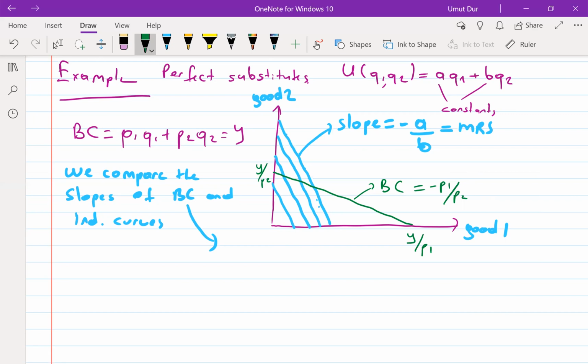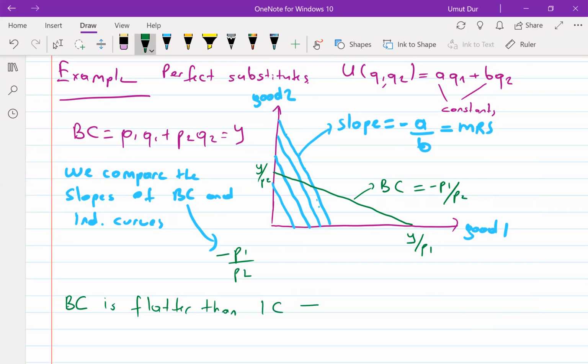From my drawing, specific to this drawing, the budget constraint is flatter than the indifference curve.